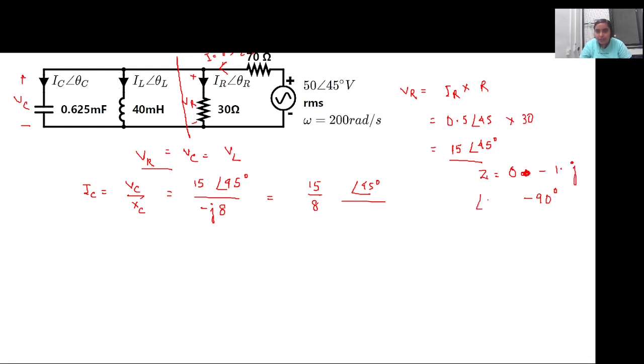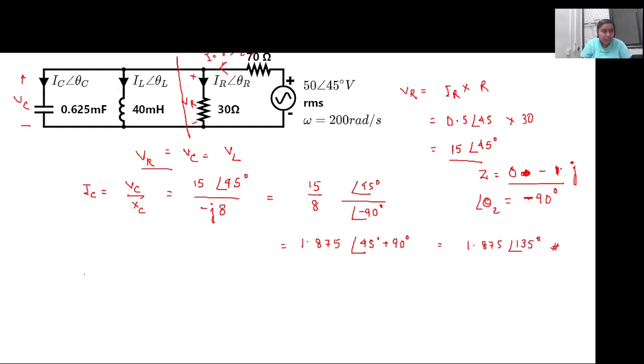If we take out the angle theta of this, it will be tan inverse of 1 by 0, which is infinity, so it will be equal to minus 90 degree. Now 15 by 8 comes out to be 1.875. The angle is 45 degree plus 90 degree, that is 135 degree. So 1.875 angle 135 degree. So we have found IC.